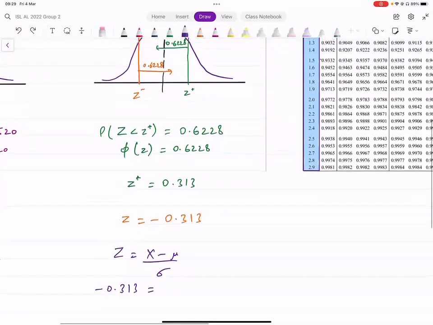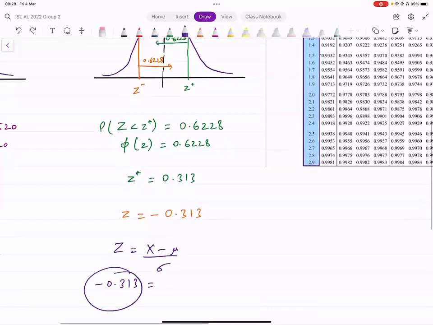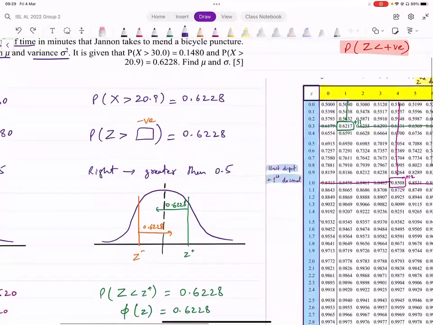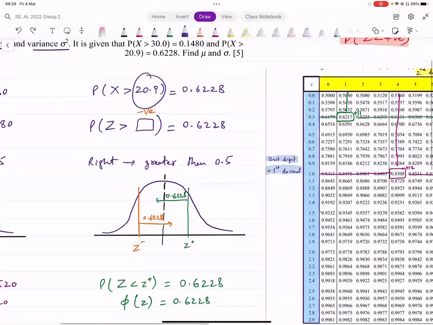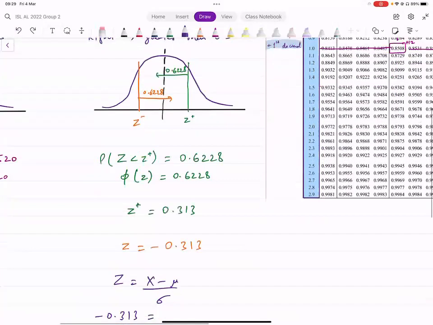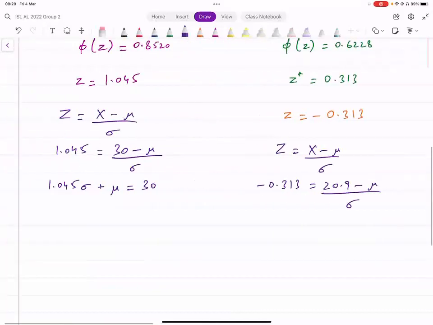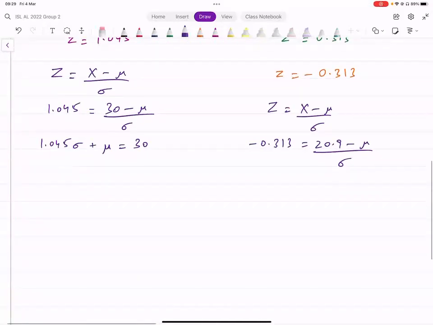So be very careful that you are putting the right sign for z there. Minus 0.313, that equals x. X की corresponding value क्या है 20.9 minus mu over sigma. You can solve this, you can simplify this, and you'll get the value for sigma and mu.